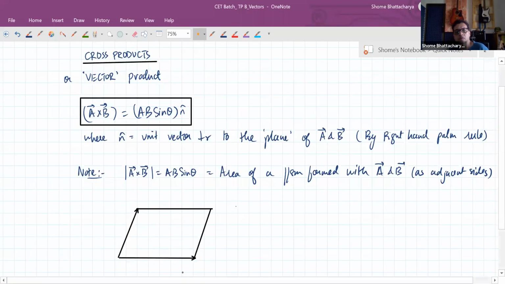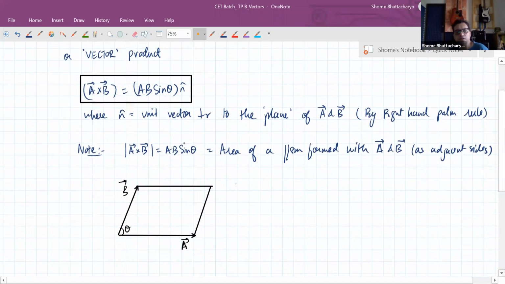So if this is the vector A, this is the vector B, and this is the angle theta between them, then within this parallelogram, if you drop a perpendicular over here, name this the height.